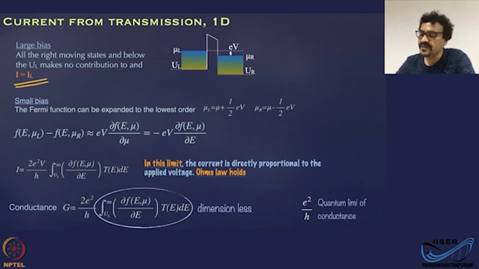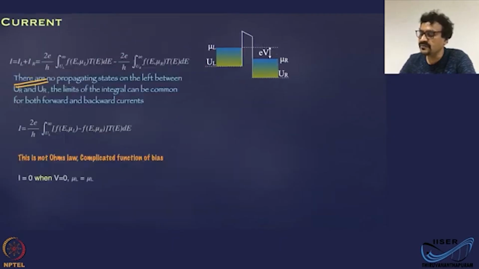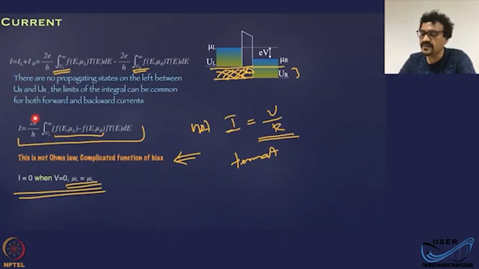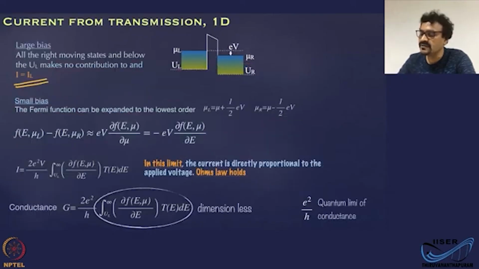Now the current is 2E square V by H, because from the original expression you have 2E, then you have another E coming from here.